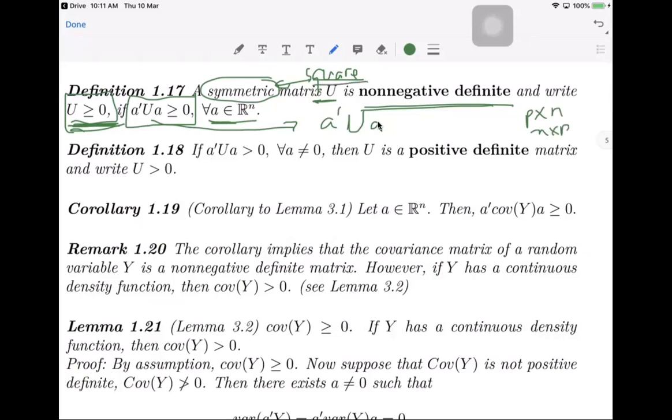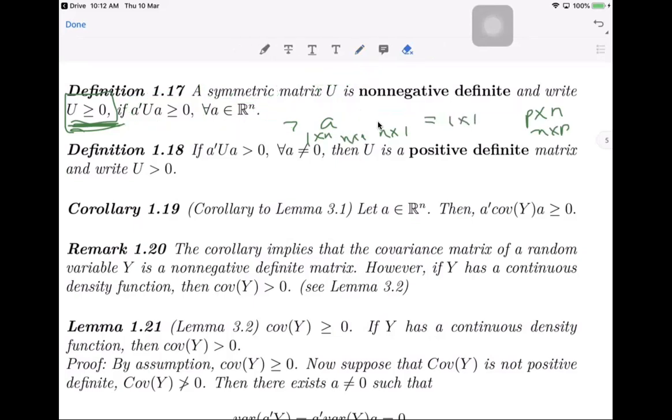So this is an n by 1 matrix, this is n by n, so this must be n by 1 by n, so that this quadratic form is just a 1 by 1 matrix.